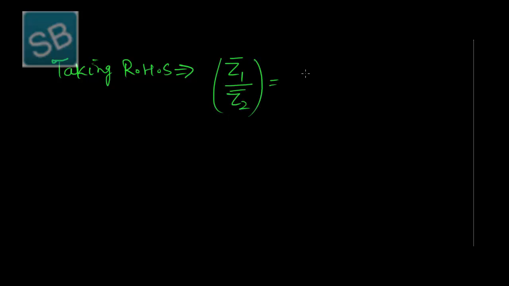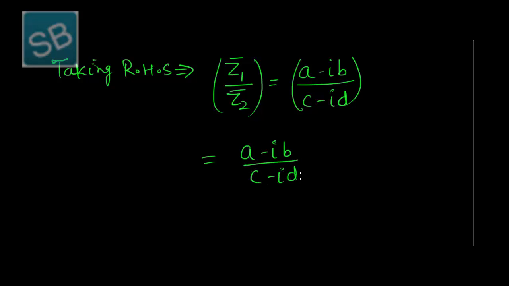Now taking the right hand side, that is Z1 bar over Z2 bar, that is (A minus iota B) over (C minus iota D). That gives (A minus iota B) over (C minus iota D) into (C plus iota D), again taking the conjugate of the denominator and multiplying and dividing the whole fraction.